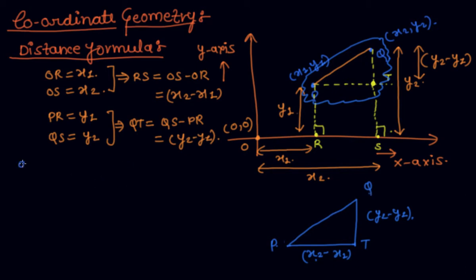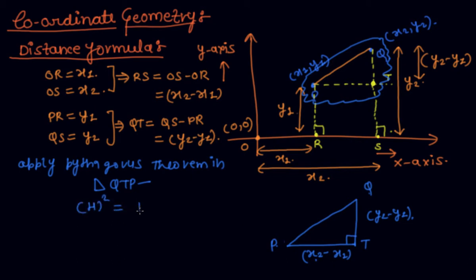So apply the Pythagoras theorem in right angle triangle QTP. The angle at T is a right angle. So the hypotenuse square is equal to base square plus perpendicular square.